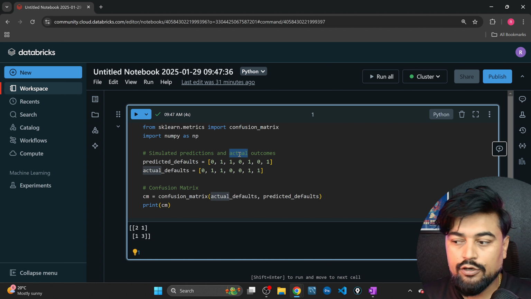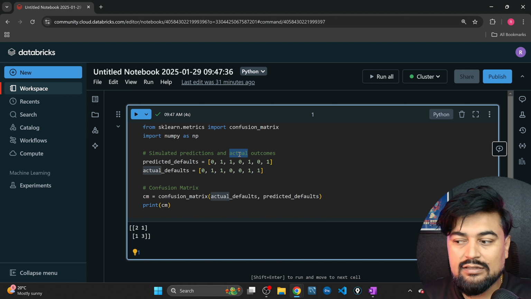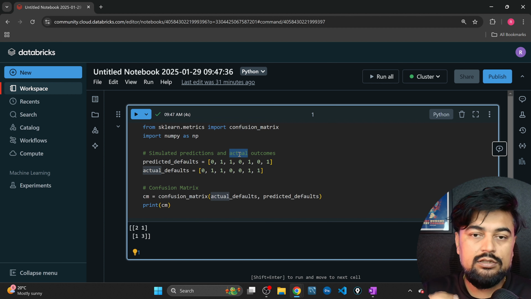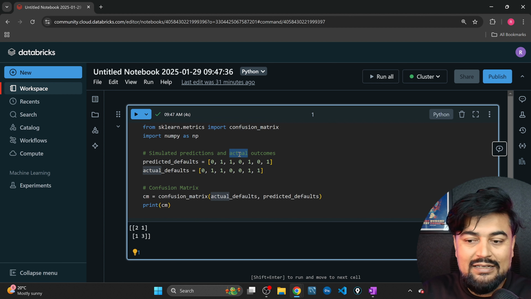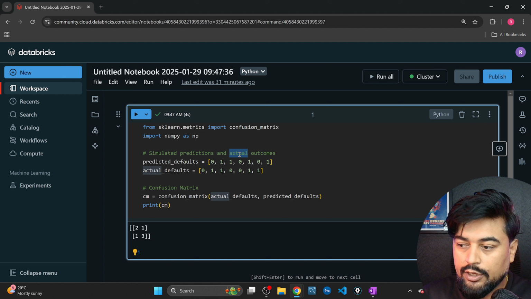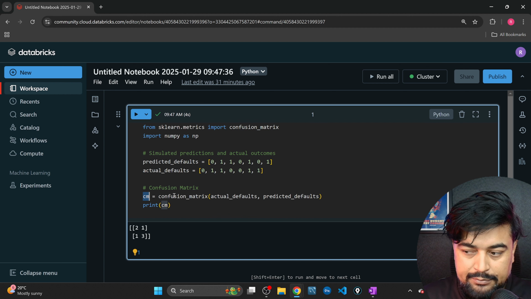Now this kind of calculation you can apply basically on any models, like your PD, LGD, EAD, any model. You can check the confusion matrix which will tell you about actuals versus predicted. Okay, now here we are doing that. Now in the confusion matrix calculation, I'm just creating a variable cm and then calling this function from here, and then actual value versus predicted value, and then print statement.